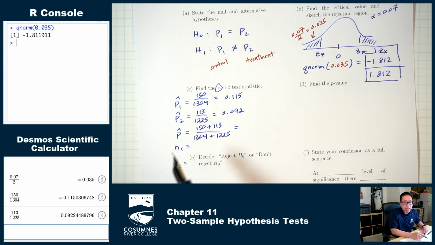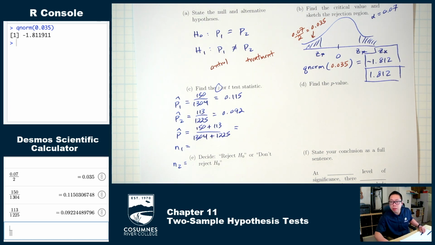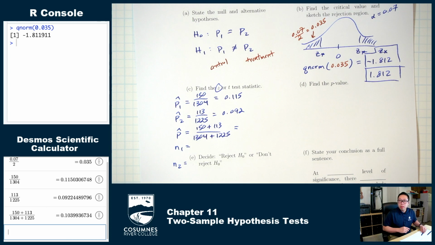So this p hat with no number is just the proportion of everybody, both groups combined, who got sick. All right, so in Desmos, up top, 150 plus 113. On the bottom, 1304 plus 1225. That's 0.104, rounded to 3 decimal places.